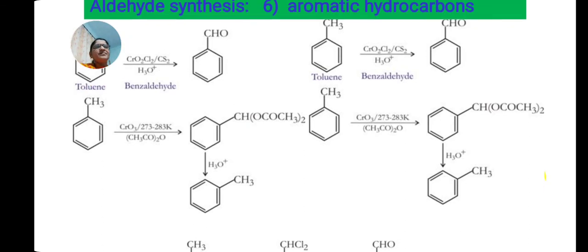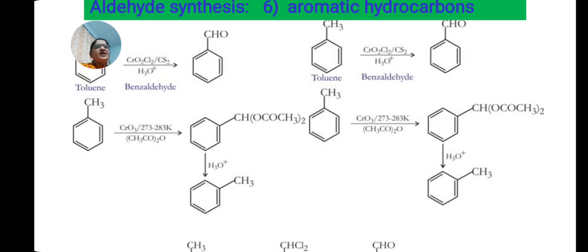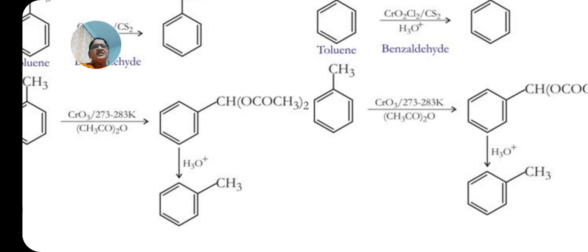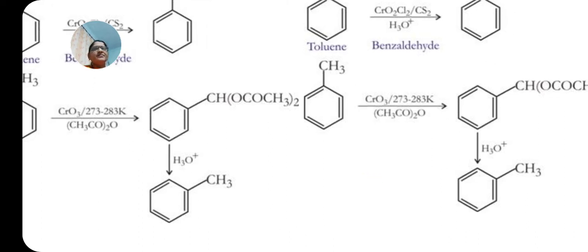Then second, toluene again, by chlorine and then hydrolysis, gives the aldehyde. Then third, toluene in presence of chromium oxide at 273 to 283 Kelvin gives an intermediate product, and then by hydrolysis in presence of H3O+, it gives benzaldehyde.